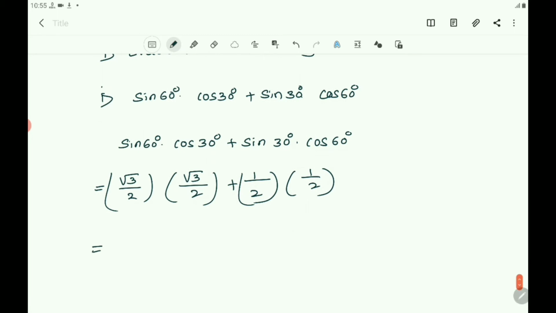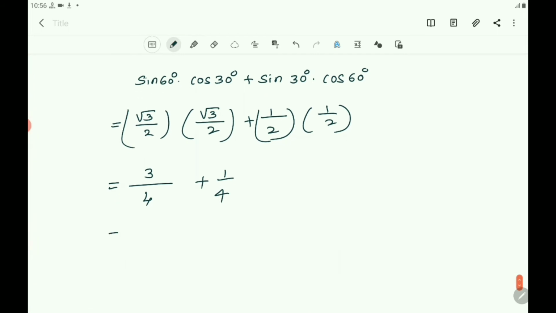Now you write here the product of these two. Root 3 into root 3 is 3, 2 into 2 is 4, plus 1 by 2 into 1 by 2 is 1 by 4. The denominators are 4, so you take that and add the numerators.